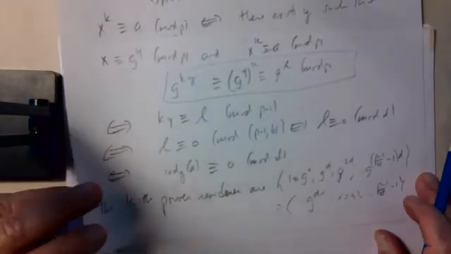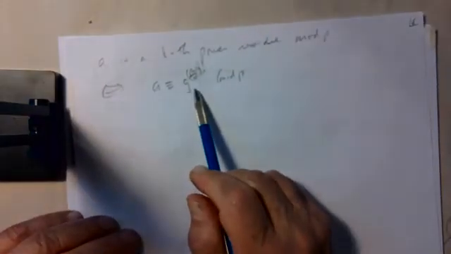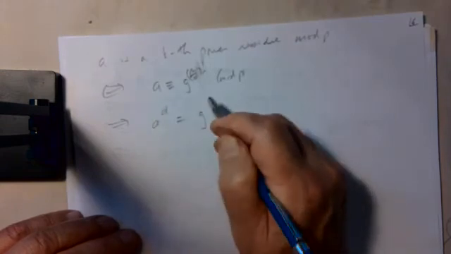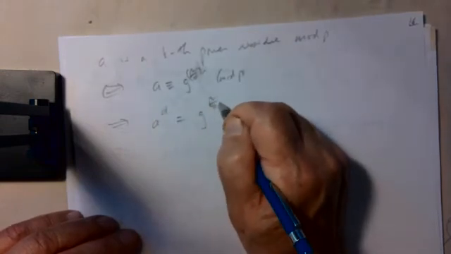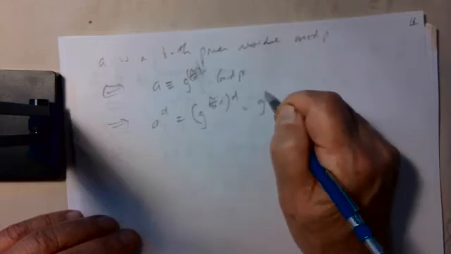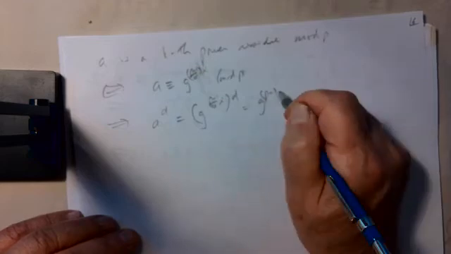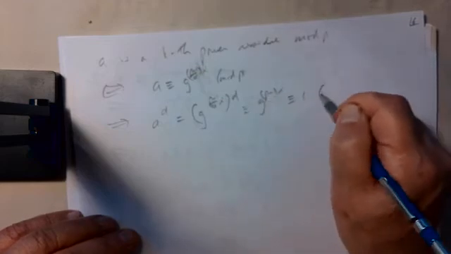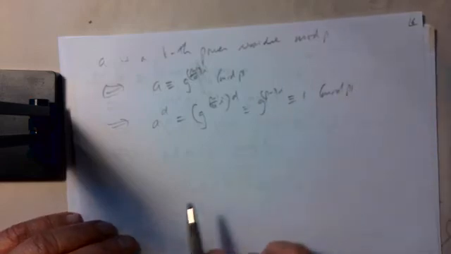So the kth power residues are the g to the d powers, things of the form g to the power d times i. If a is an integer of this form, then a to the p minus 1 over d is g to the d i to the p minus 1 over d. The d's cancel, giving g to the p minus 1 times i. G to the p minus 1 is 1 mod p.